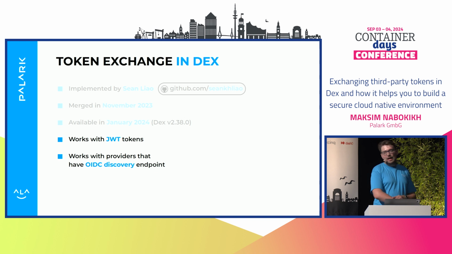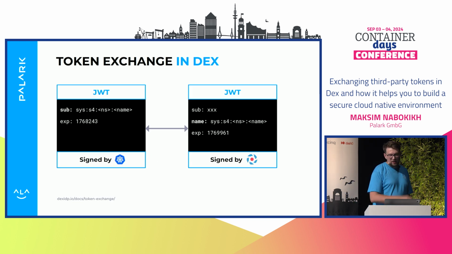It works with any kind of JWT tokens, and to perform token exchange, the only limitation is that Dex needs to communicate with the OpenID Connect discovery endpoint. So there is a special discovery endpoint that is used to discover data about OpenID Connect providers, like the issuer or JWKS URL to fetch keys. This is the only thing needed.